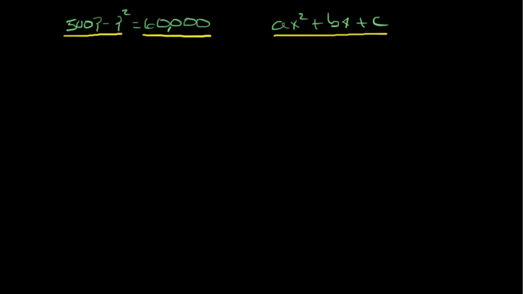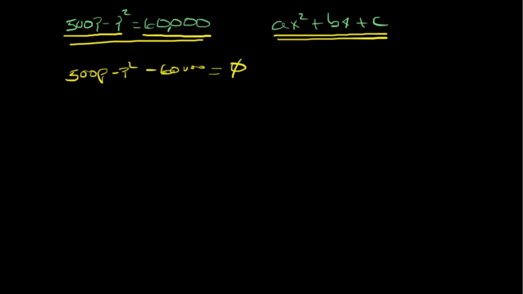So to put this information into this format would be 500p minus p squared, and then you take the 60,000 and move it so it equals 0. And then you have to simplify or just move this around. This is just 500p minus p squared. So you put the negative p squared term first, plus 500p minus 60,000 equals 0.